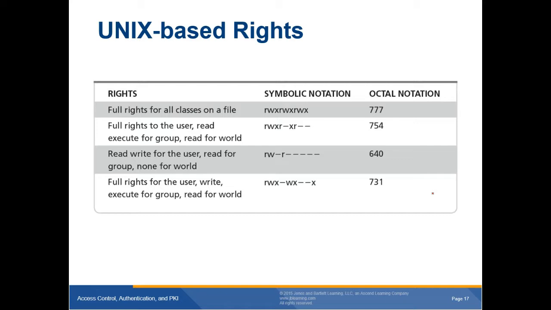There are 3 rights classes that we can work with. In Unix, you can have read, write, and execute. Read grants the user or group the ability to read a file.